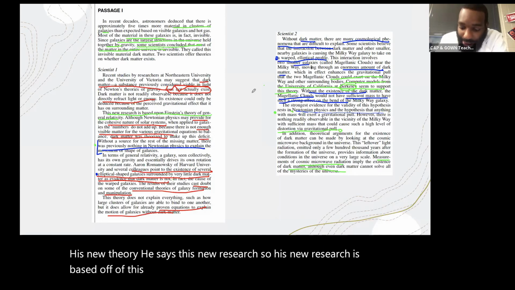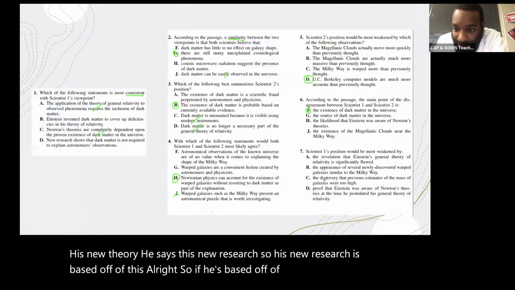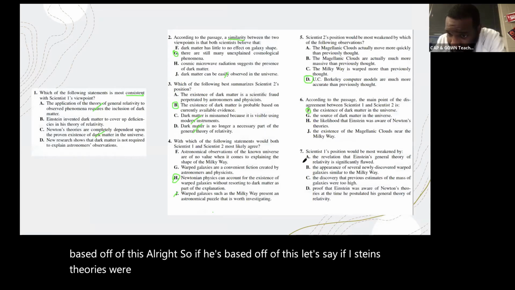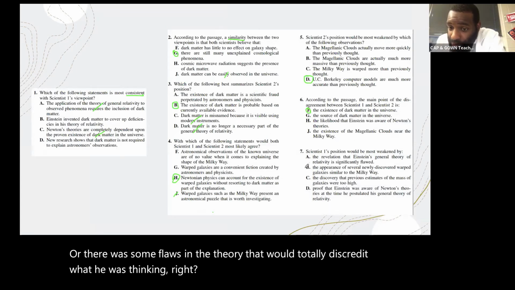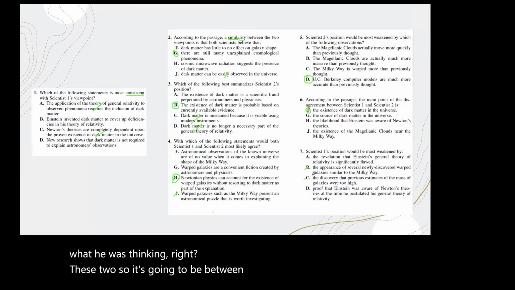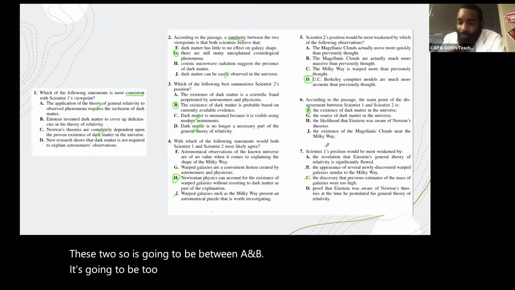If he's basing it off of this, let's say Einstein's theories were flawed, or there were some flaws in that theory, that would totally discredit what he was thinking, right? So it's going to be between A and D.